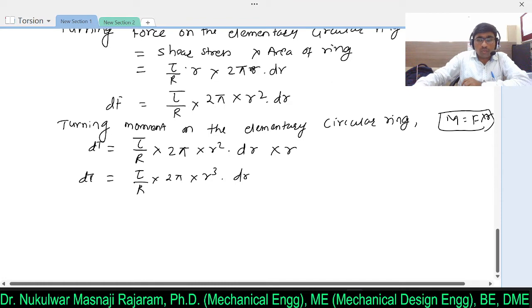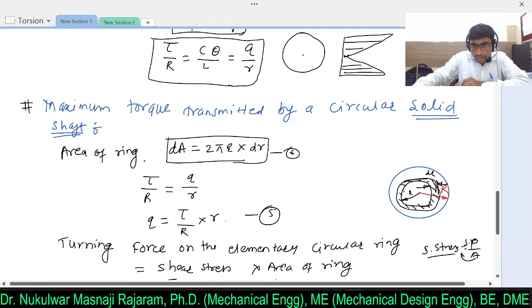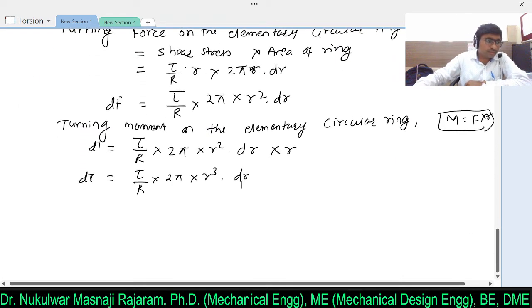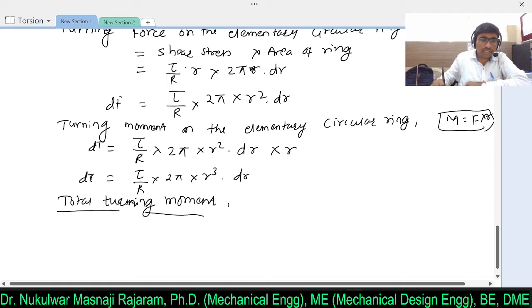Now what I want is the total turning moment or maximum torque acting on the entire body. So for that purpose I will take the integration. So here I can write total turning moment. Clear, I'm evaluating total turning moment. So here I will consider the integration from 0 to r. Clear?